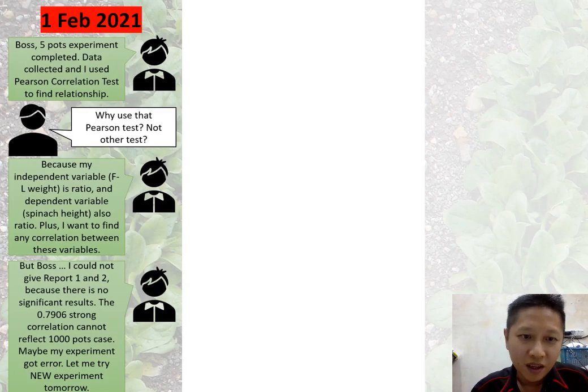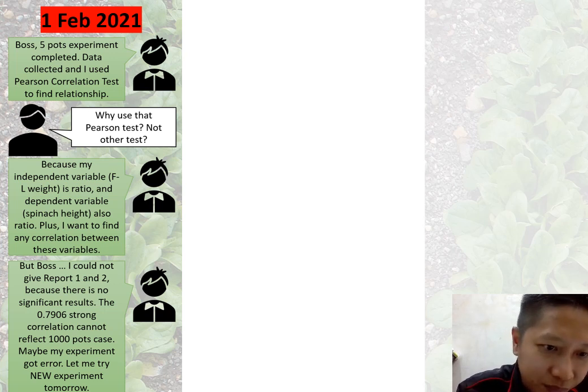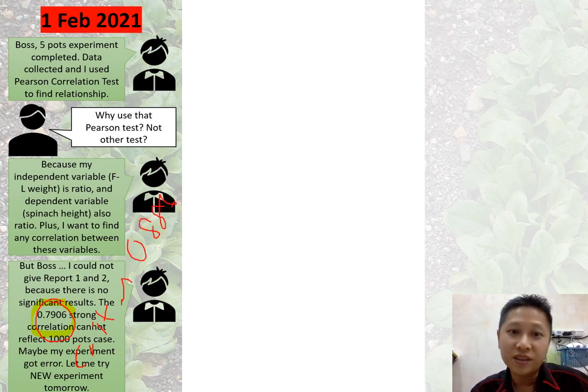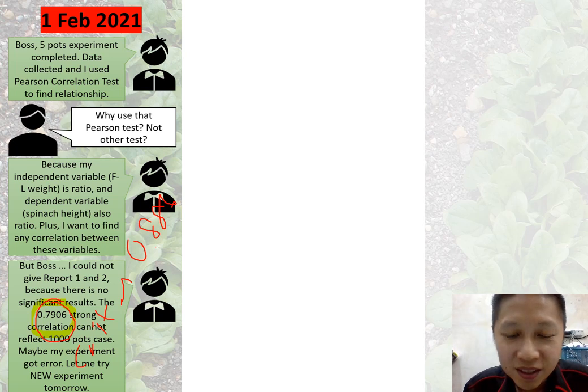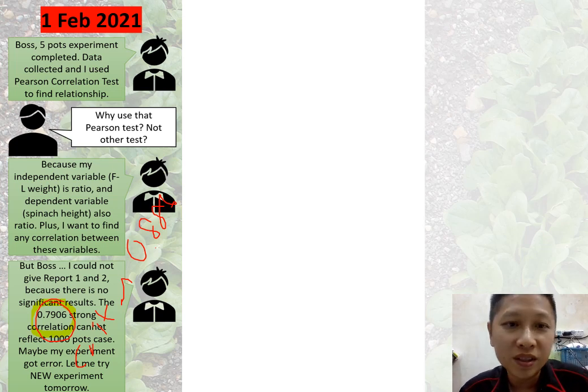Since the value of the r obtained by the staff is very small, 0.7906 only, and the critical value is 0.886, it means that his result is not significant, or to say that he cannot use his 5 pots simple experiment to expand it to reflect the so-called population experiment.